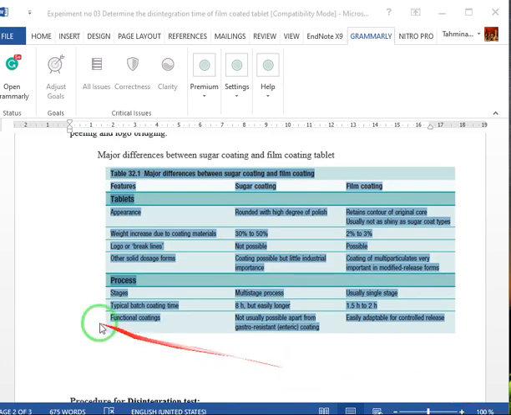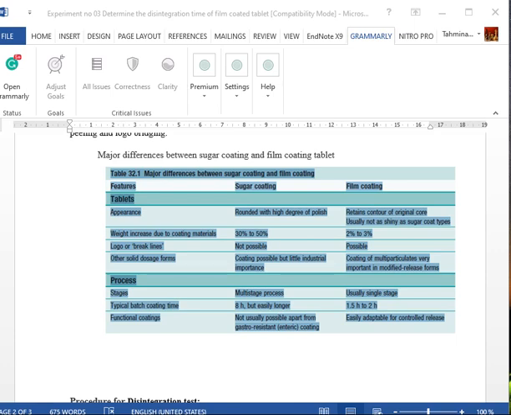Here in this table you can see some major differences between the sugar coating and film coating process. If you see the appearance, sugar coated is rounded with a high degree of polish, as we see in bonbons, whereas in the film coating, the appearance retains the contour of the original core, usually not as shiny as the sugar coated type.